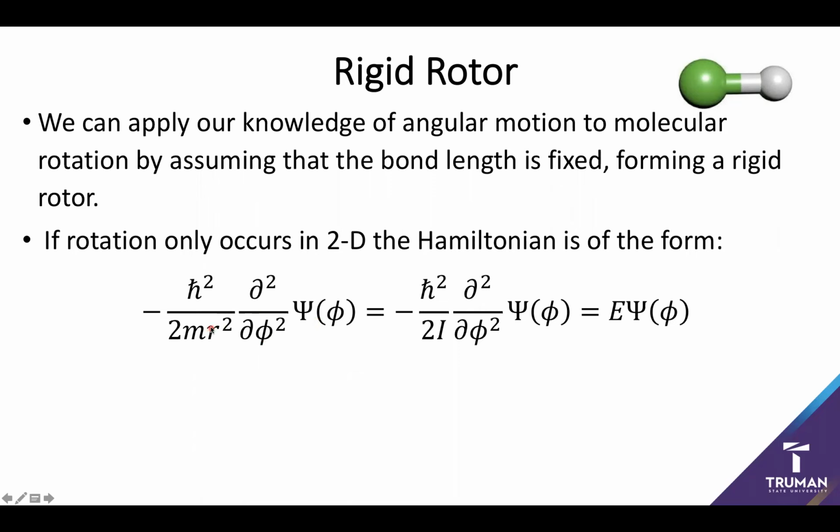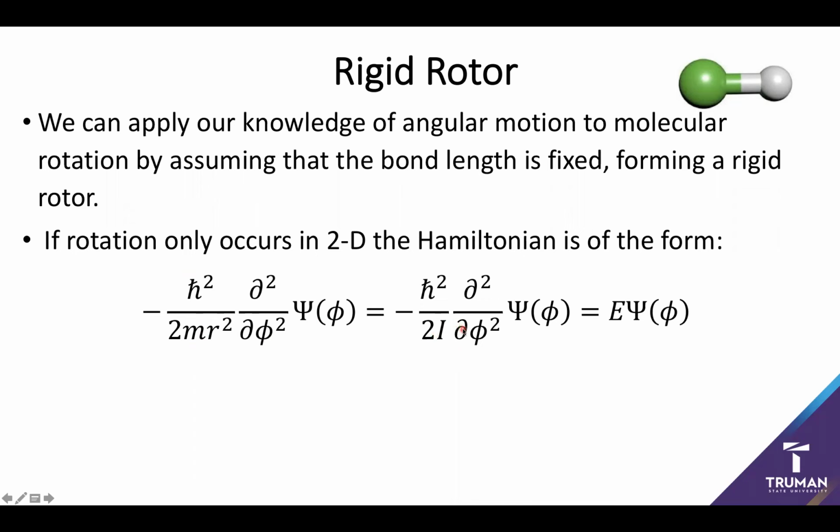Now, we can condense this more general set of constants by realizing that our mass and our distance can condense down to a simple moment of inertia.